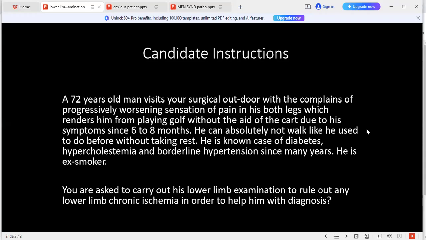Okay. One last question. No, you've answered everything. If time would have allowed you, how would you have completed your examination? I would have completed the ankle brachial pressure index. Then I will do the abdominal examination and neurological examination of the lower limb, and then vascular examination of the upper limb, a full cardiovascular examination.